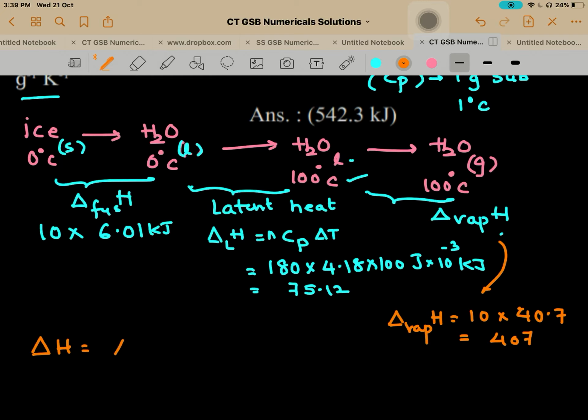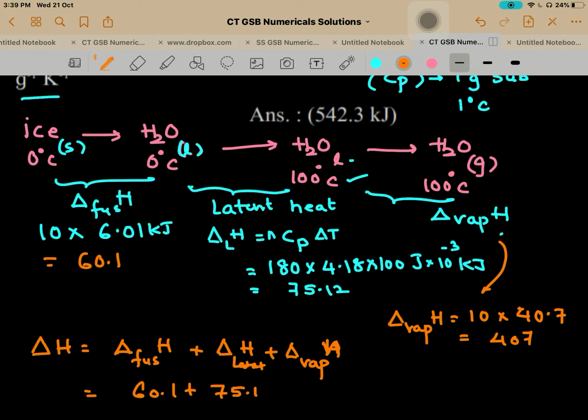Correct. 407 we got. And now what you do is you just add up all the value. So total delta H will be delta H fusion plus delta H latent heat plus delta H vaporization. Correct. So this is 60.1 plus 75.12 plus 407, and this comes to 542.34 kilojoule.